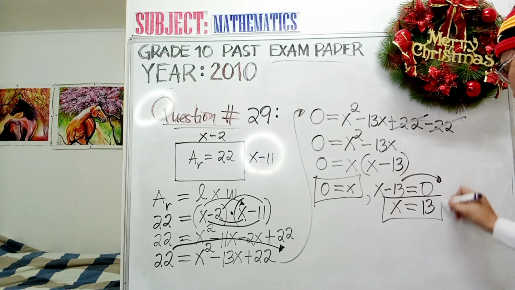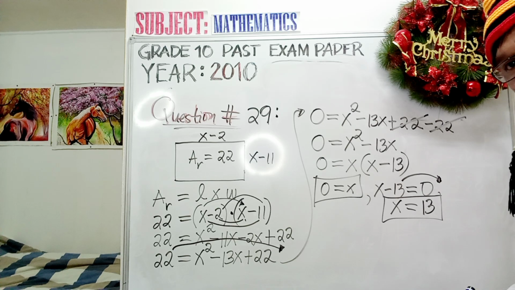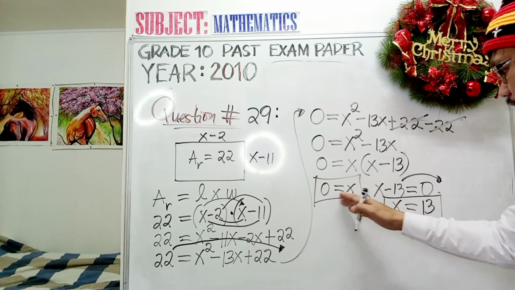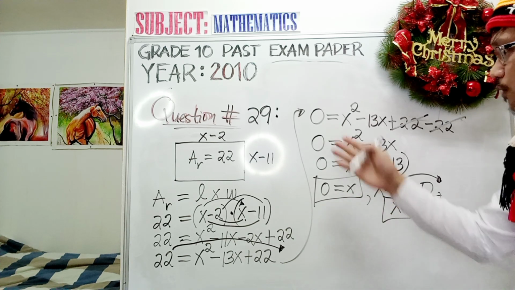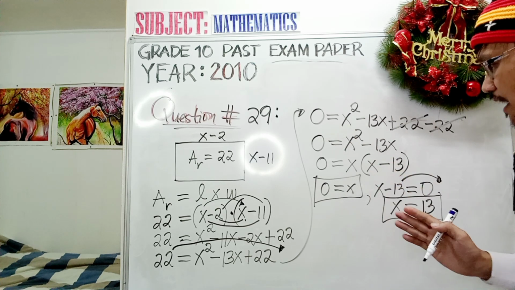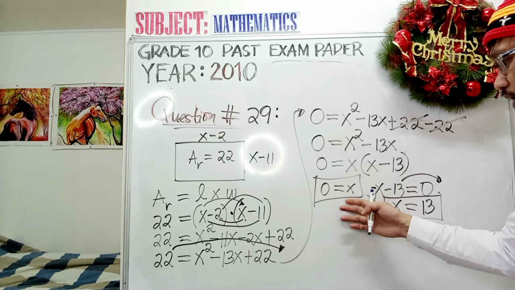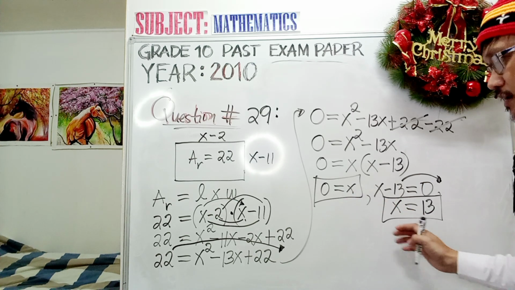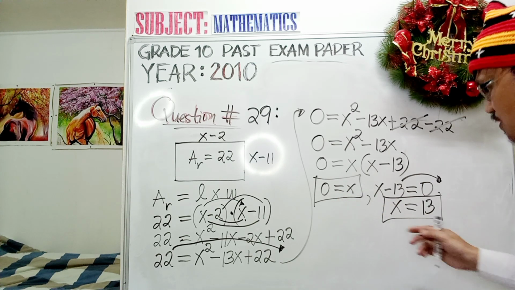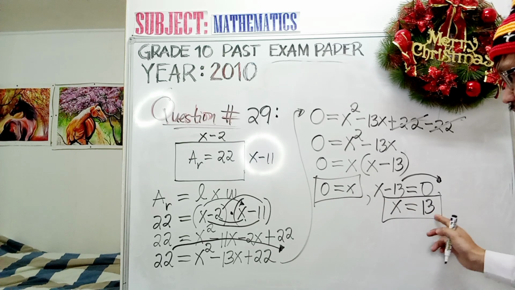Now, there are two possible answers when it forms a quadratic equation or expression. We are expecting two possible answers. However, the values here are 0 and 13.